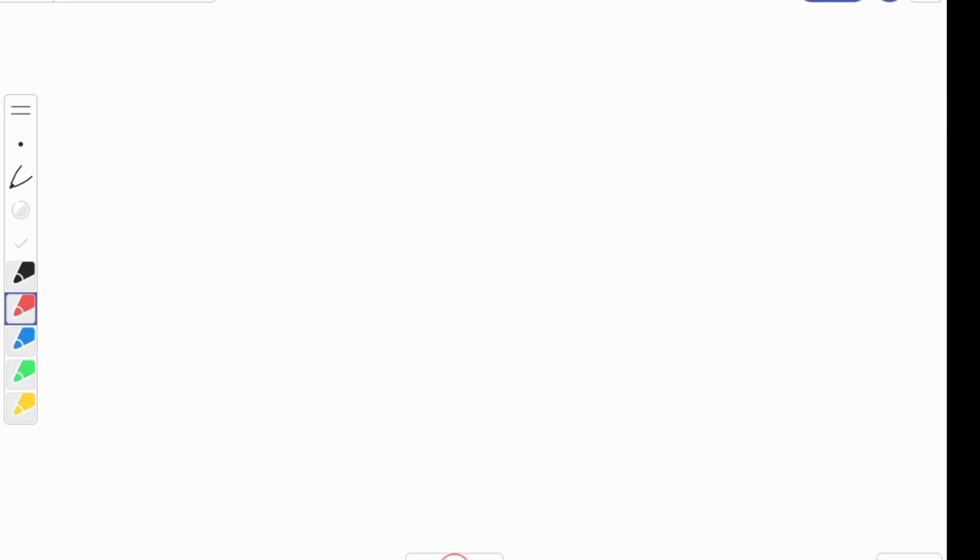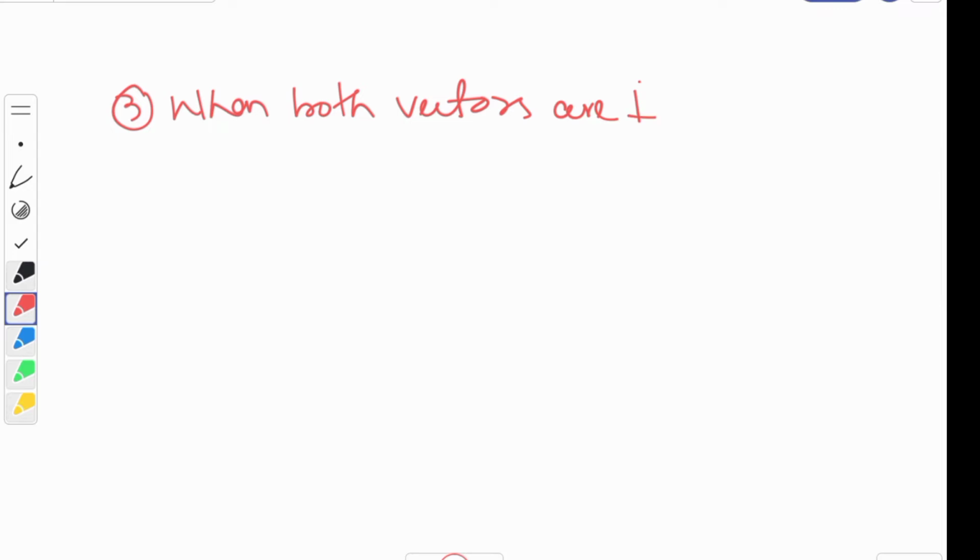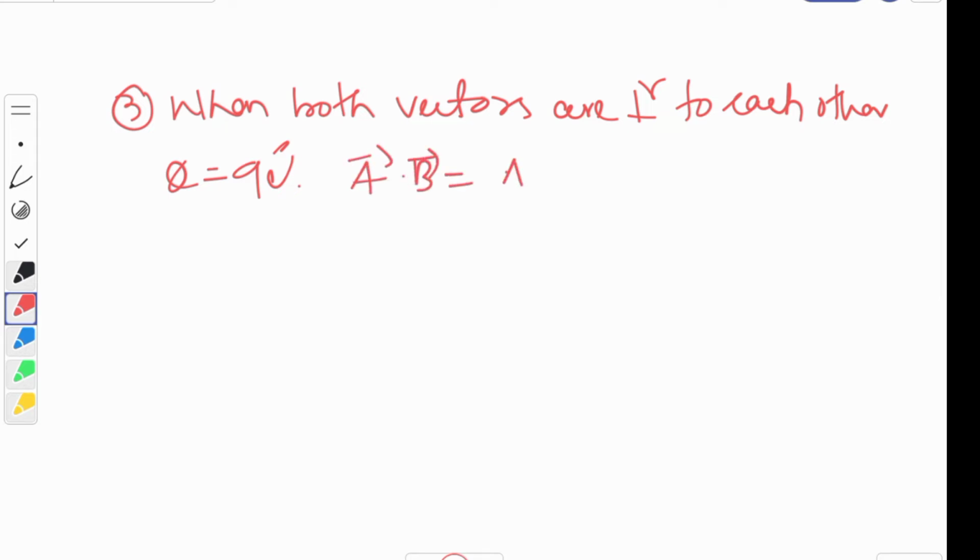The next case will be the third one: when both vectors are perpendicular to each other. Then what is the angle between them? Theta will be 90. So in this case, A dot B will be A, B, cos 90.